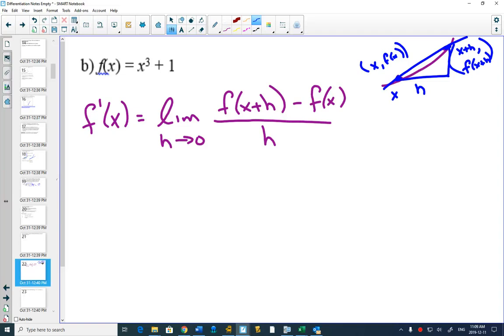So the definition of a derivative is just the slope formula, looking at it as your run goes to 0.